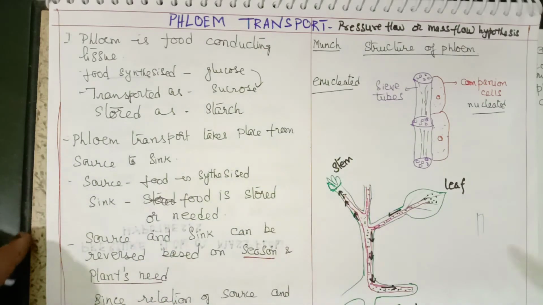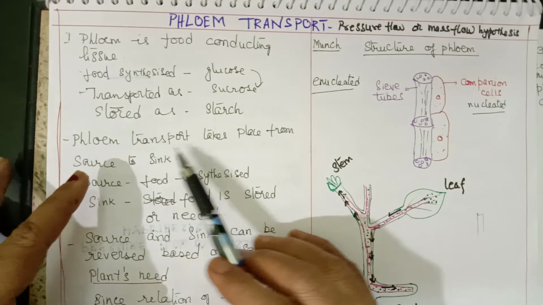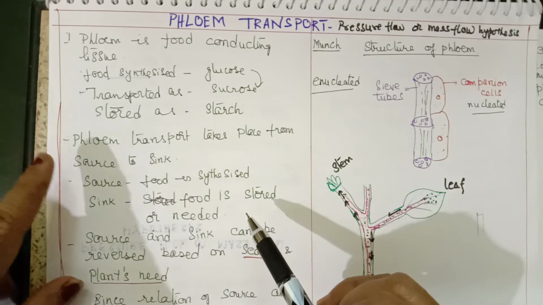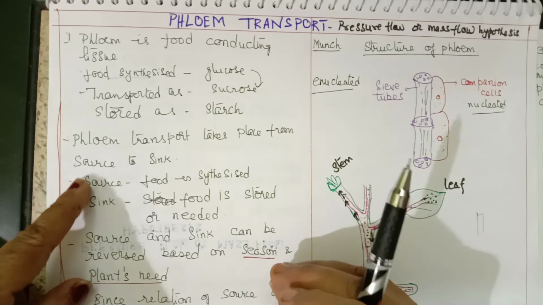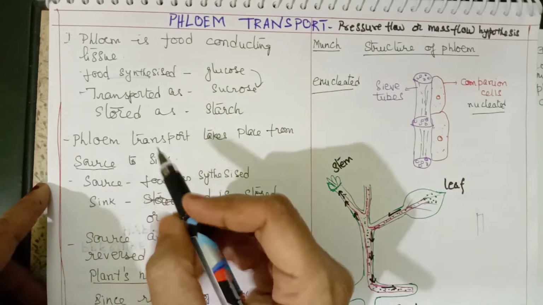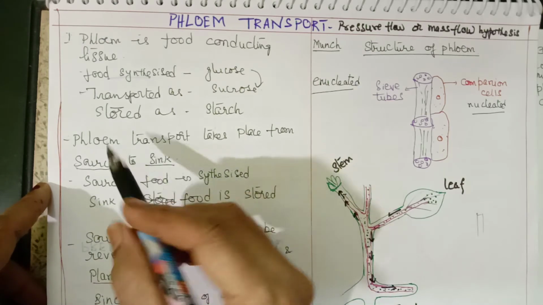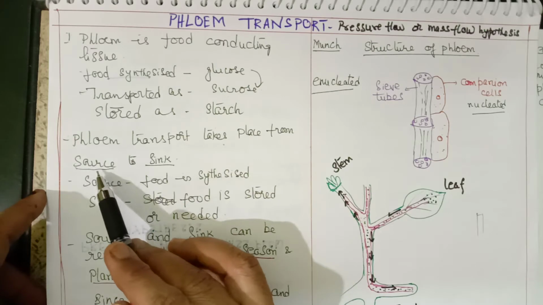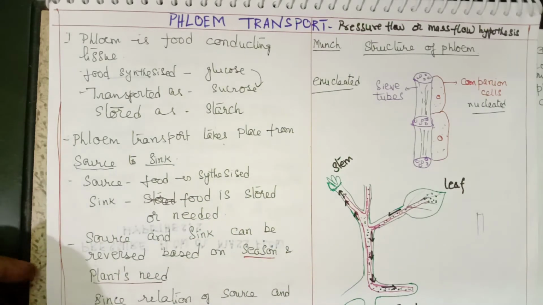Now during this transport of food material through phloem, the two important concepts you should know are what is a source and what is a sink. The transport of food material always takes place in phloem from source to sink.